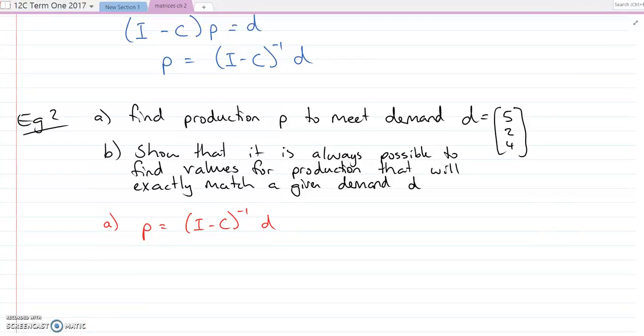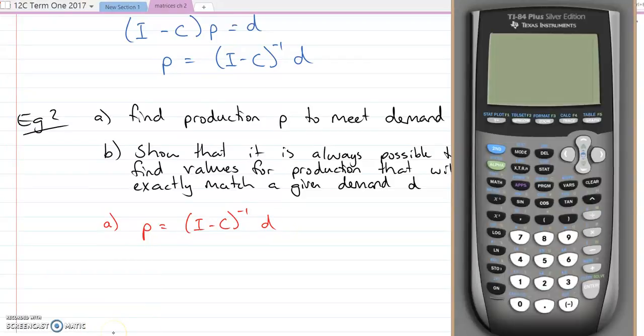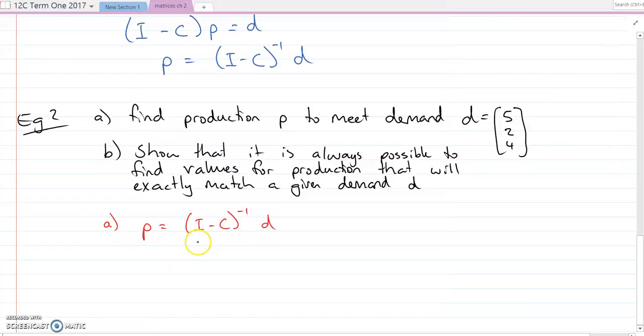In the graphics calculator, I've entered a matrix C, and the identity matrix I. This is a bit confusing, but C minus, that was the one I put in for A. I have to inverse that and times it by my matrix B.